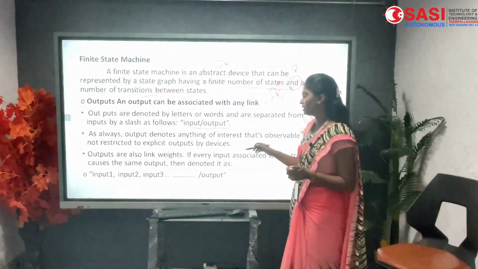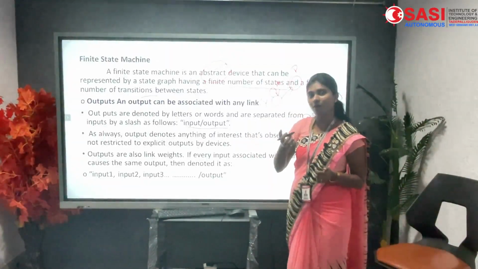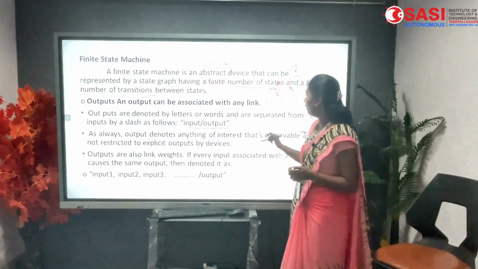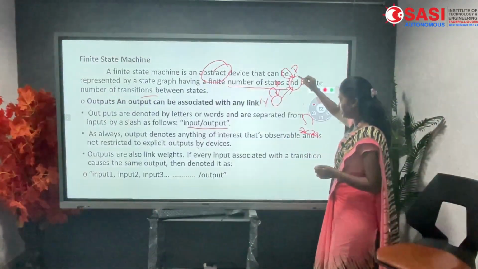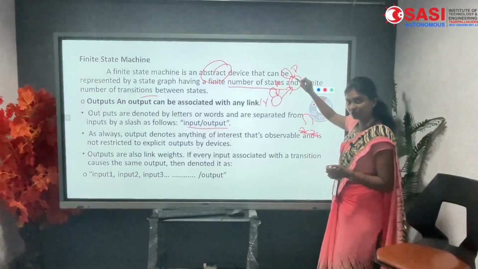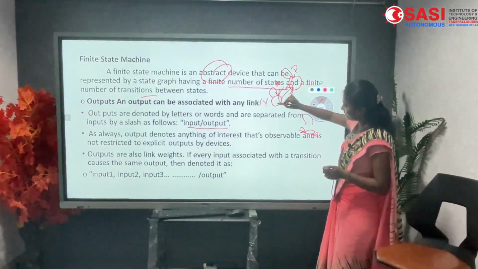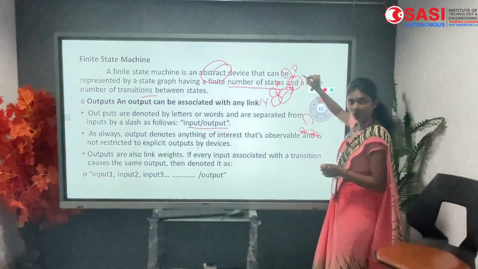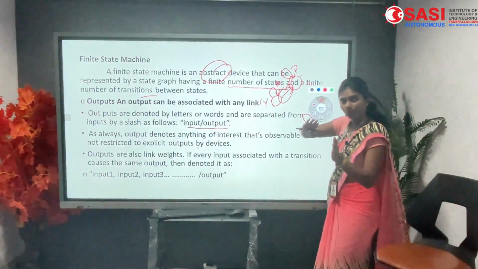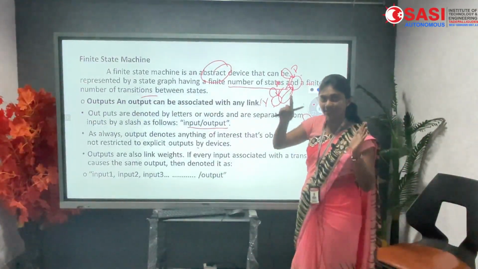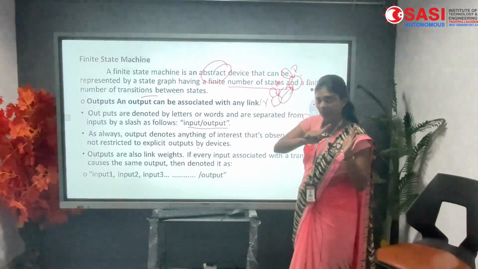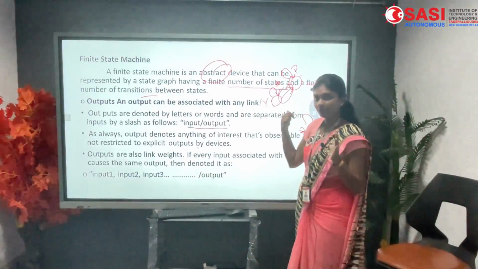Next, in output states, each and every link also has a weighted node. It is associated with the transition of the same data. The same output is connected with the same input. The same transitions are there, so the same link is connected together.